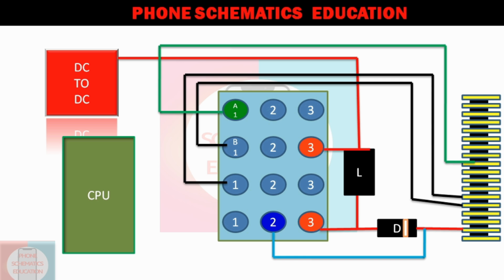Now, how to check them one by one, I will tell you. If we talk about the cathode line first, suppose this black color line, basically the cathode, we call a negative line, clear? In this line there is no voltage because this is a negative line, right?